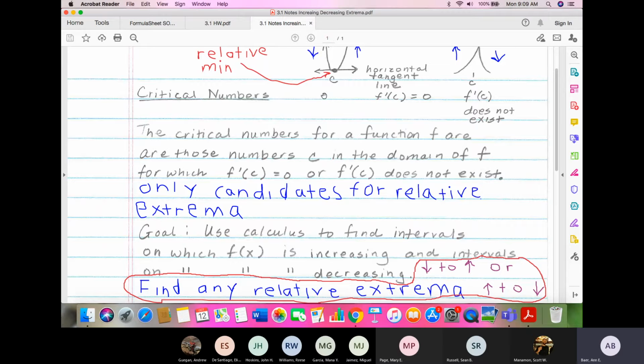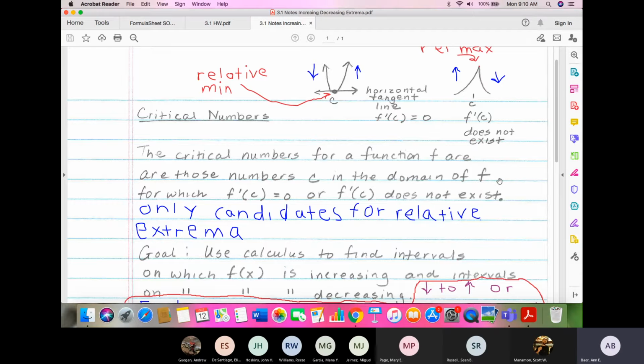In other words, you must be able to put those C's in your original function and come out with an answer. And the critical numbers for function f are those numbers C in the domain of f for which the first derivative is 0 or the first derivative does not exist.